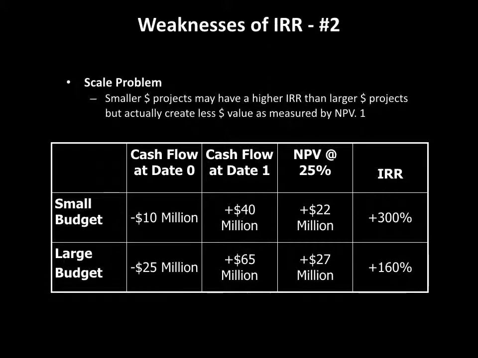And in a company's case where maybe our goal is to maximize dollar value or create value, we might be more inclined to choose the large budget item. So what we like to encourage people to do is use both IRR and net present value to help you have both numbers to be able to help you make your decision.